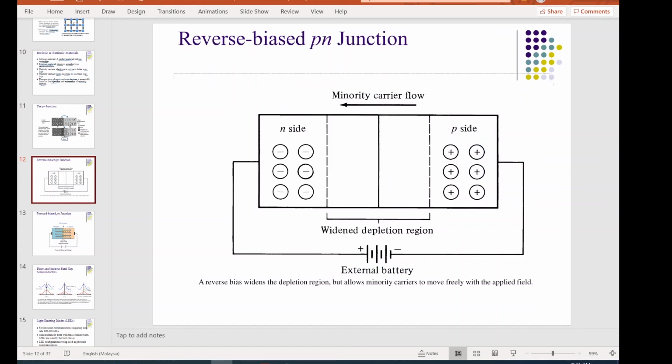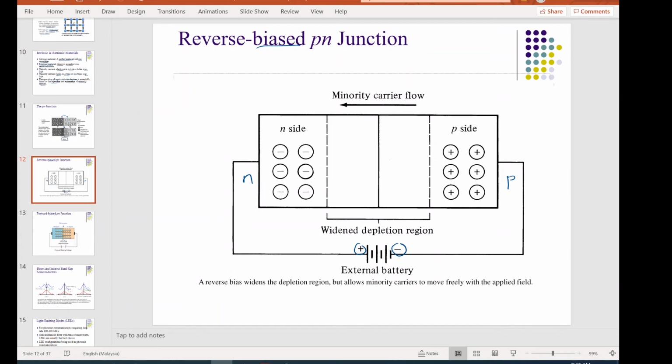What happens when we bias the PN junction? Let's see what happens if we do the reverse bias. In reverse bias condition, we put negative to the p-type semiconductor, and we put the positive terminal to the n-type semiconductor.